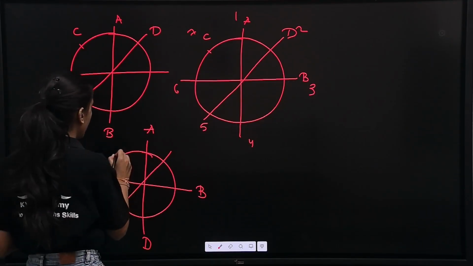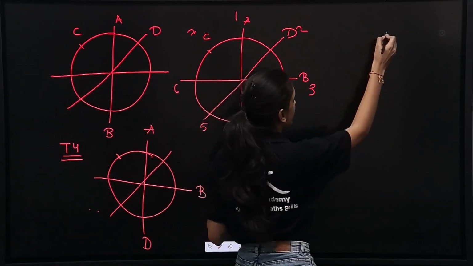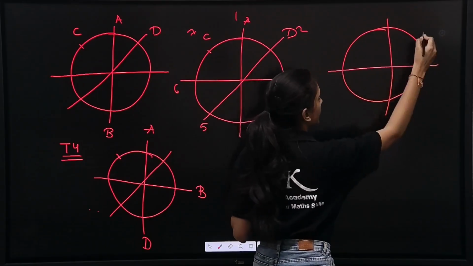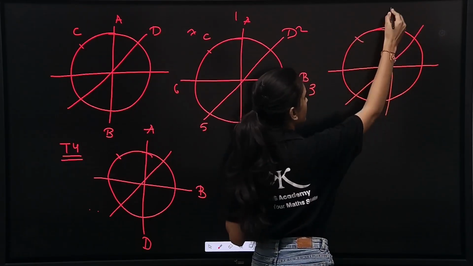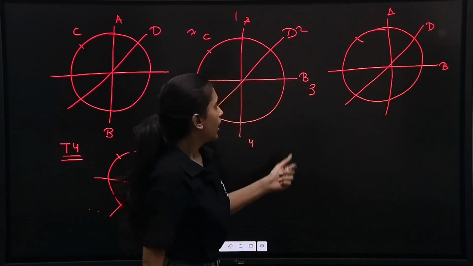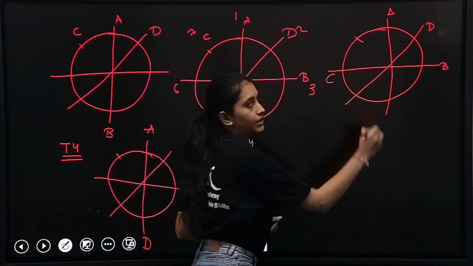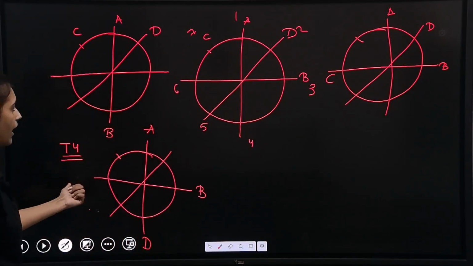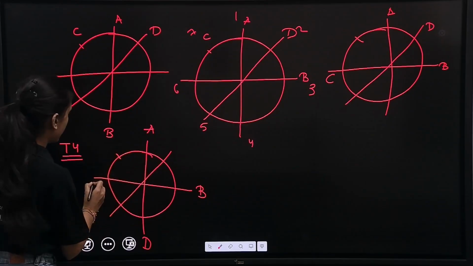Let's say that when C was given the chance to take the turn, A, D, B, C moved this side.